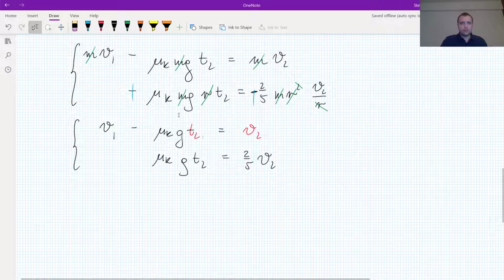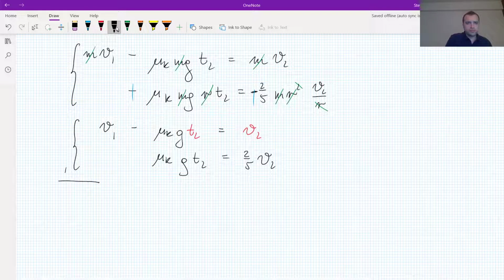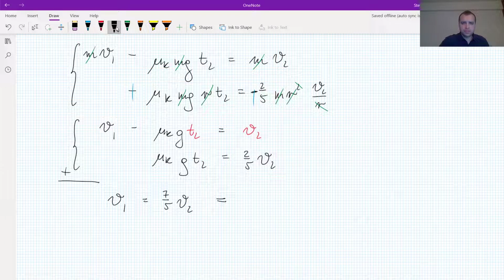And the easiest way to solve it is probably to add these two equations to each other. So let's add them, and we will end up with v1 equal to 7 divided by 5 v2, and that means that our v2 is equal to 5 divided by 7 v1, which was one of the things they asked us to find.